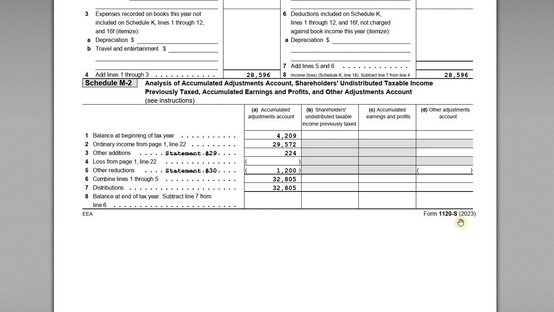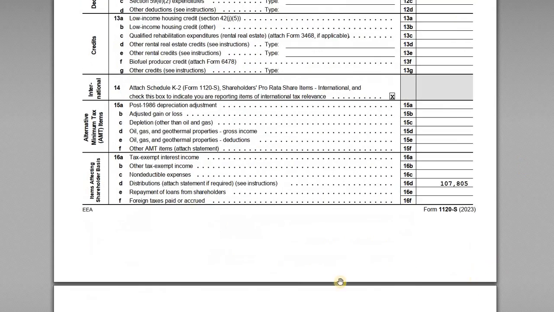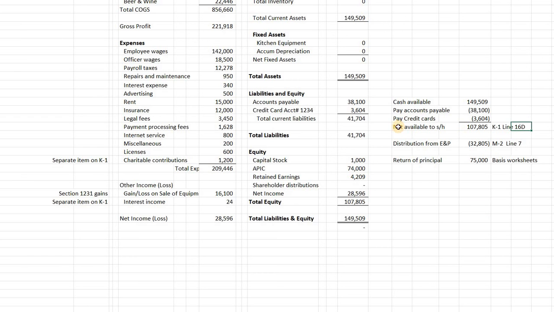If we take a closer look at the K-1, the last item on the K-1 here, line 16D, distributions, is $107,805. So that's the cash that was being distributed out, the remaining cash after all the debts were paid. It's reported on K-1, line 16D.